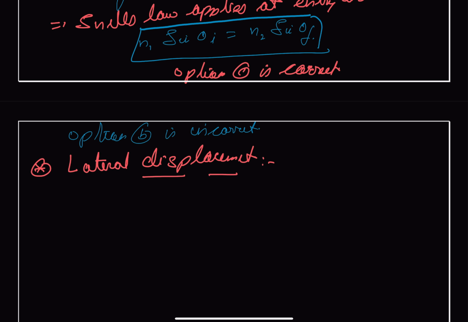The lateral displacement is nothing but the horizontal shift between the incident and emergent ray within the slab, and that is due to the bending of the light inside the medium.